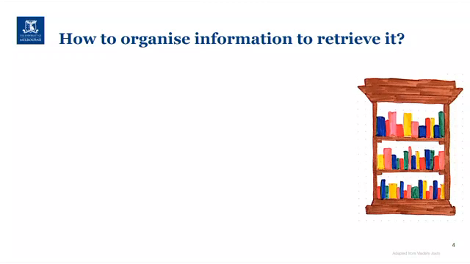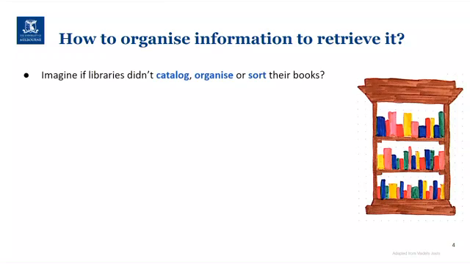Now imagine that libraries don't catalog any of their books, either by title or by author. They don't catalog, they don't organize, they don't sort their books. Imagine how difficult it would be to find information. And imagine if they do organize things, but by something not very practical, let's say the ISBN number.